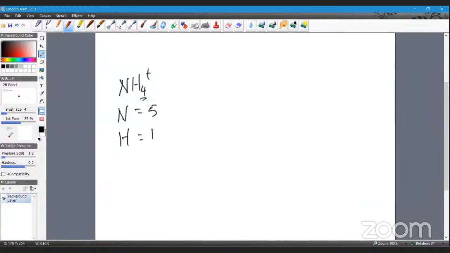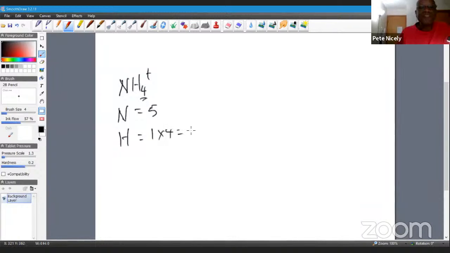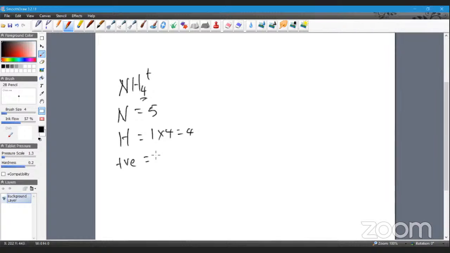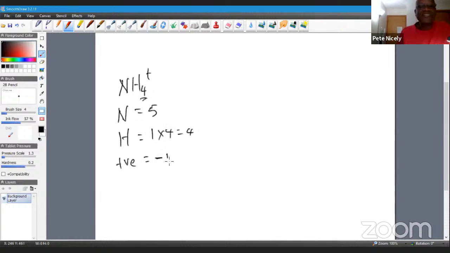Right? And there are 4 of them, so times 4. Now we have a positive charge. If you remember, we said every time there's a negative charge, we add an electron, right? So what do you think we do each time we have a positive charge? Take away an electron. Exactly. So we minus an electron here. So this gives you a total of 9 minus 1, 8 electrons, which is equal to 4 pairs.